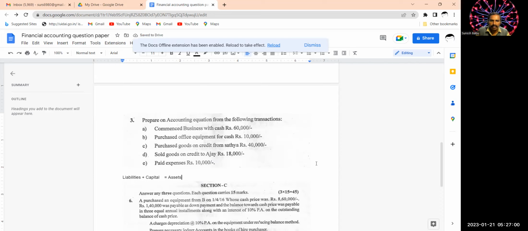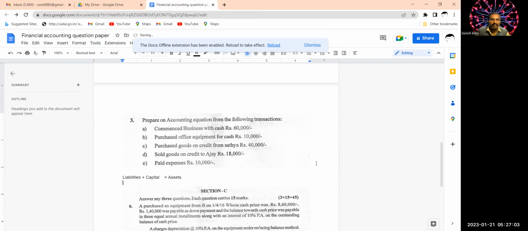So first transaction. I'm not writing in detail, you need to write the first transaction. Liabilities 0, plus capital, how much? 60,000, is equal to asset side cash, how much? 60,000.